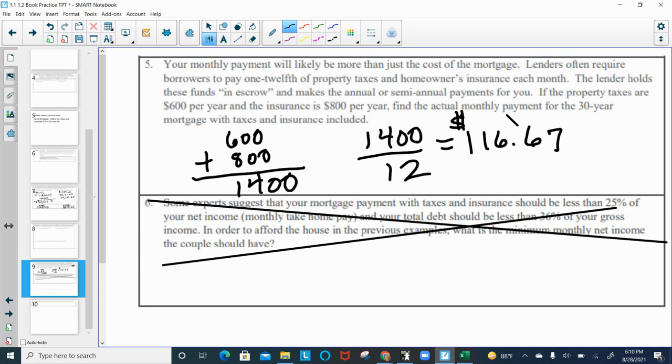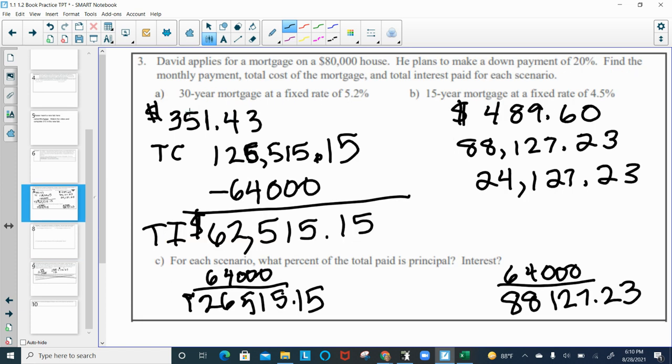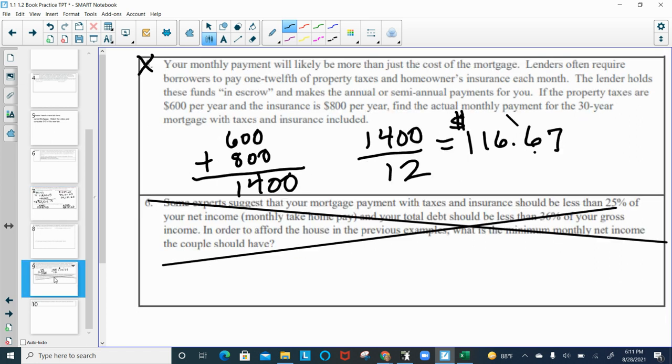And then what you would do, I'm not going to actually ask you to do this number 5. I'm kind of working it through with you. But what you would do then is this would get added to your mortgage payment every month. Okay. Just kind of something else to think about. Your escrow payment is not a choice. It's usually required. Okay. So you don't really need to worry about anything on here. I just wanted to show you that.